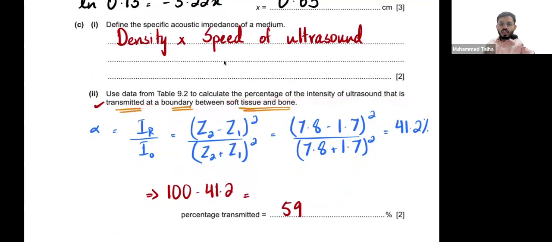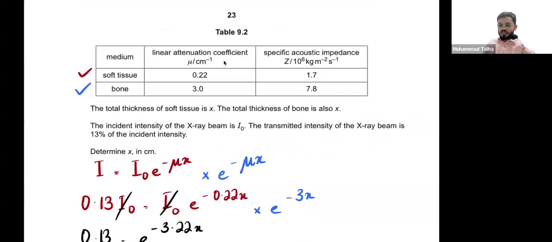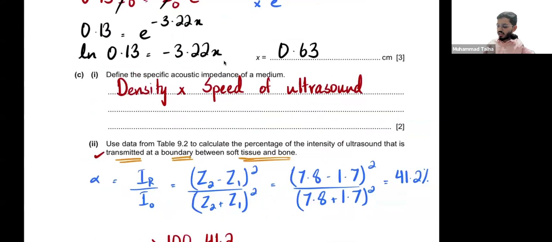So using the Z values, I calculate the intensity reflection coefficient alpha, which is the ratio of the reflected to the incident intensity, right? So Z2 minus Z1 squared over Z2 plus Z1 squared. Again, I don't even have to bother with the 10 to the 6s. They will cancel out anyway. So their difference squared in the numerator, their sum squared in the denominator, right?